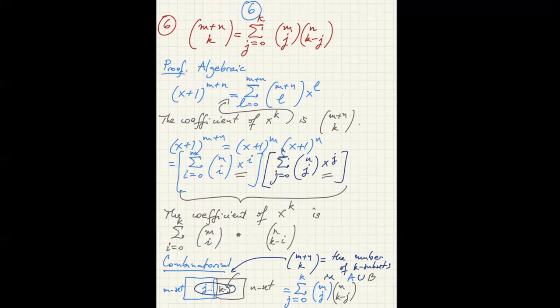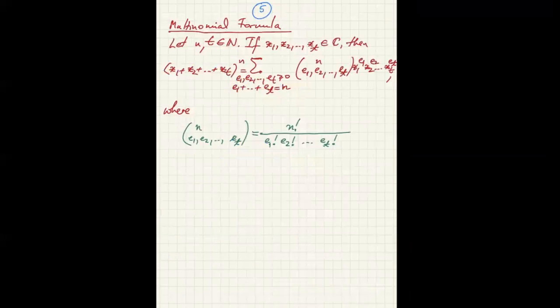All right, so let me give you quickly, well, I guess one exercise before I tell you about the multinomial formula. So here's something that you can try.